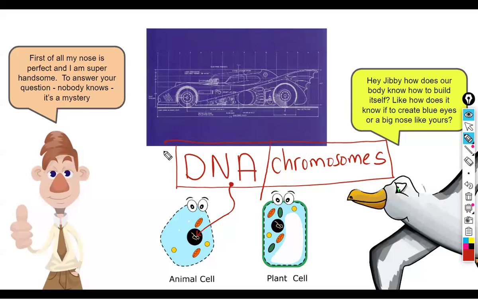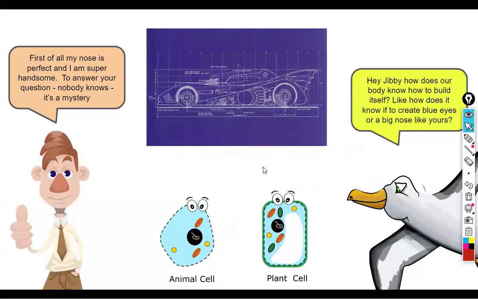DNA, also for the time being called chromosomes, is responsible for the blueprints that make us, and it lives inside the nucleus of the cell. You don't need to take down anything here. This is just a revision question to see if you were paying attention earlier on.